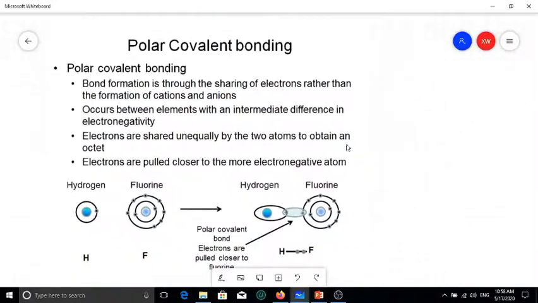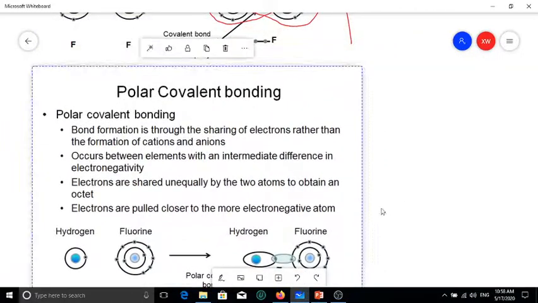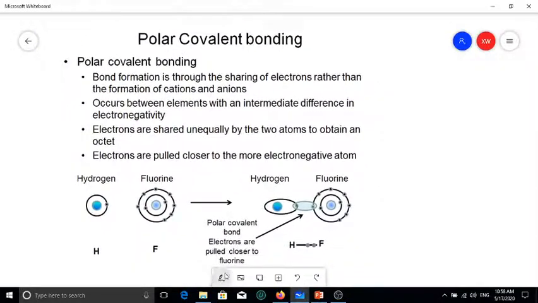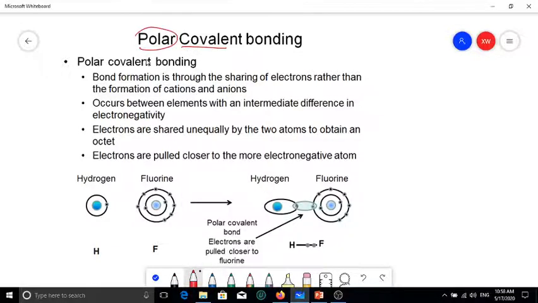The next example is going to be a so-called polar covalent bond. So by name, you can see we're still talking about a covalent bond, but this covalent bond is not balanced between 2 atoms. The example we're seeing here is one hydrogen atom and one fluorine atom. Both are non-metal elements.